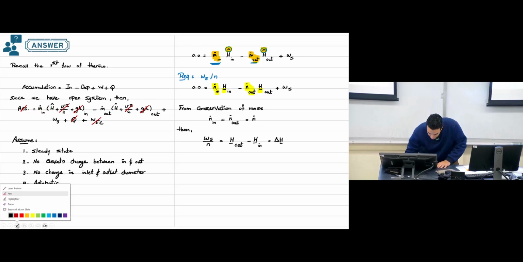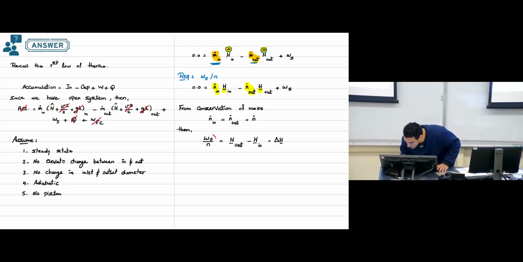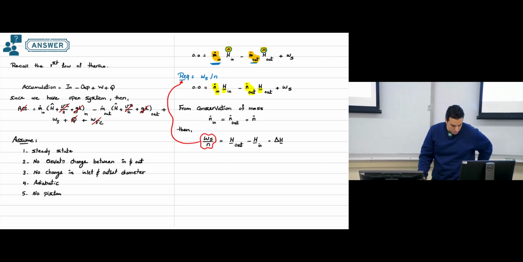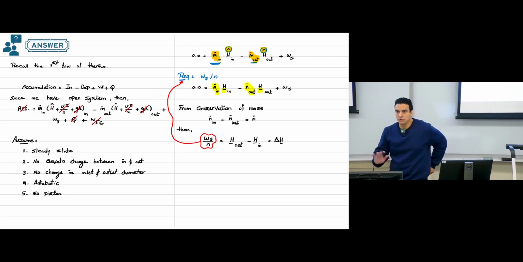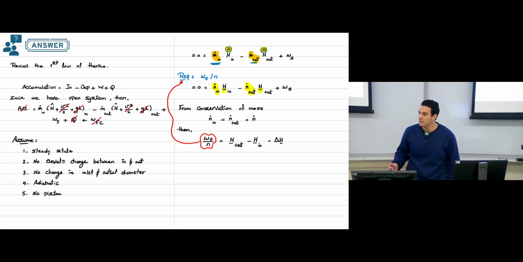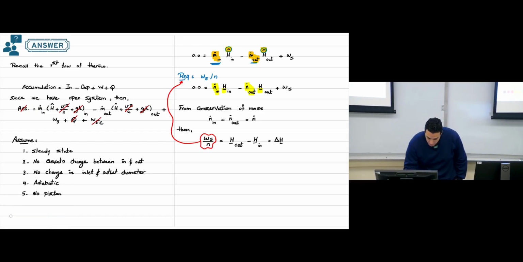And this is the property that we need to calculate. So in order to find this, we just need to find delta H. So what is the enthalpy change? Substitute in the energy balance equation, then you find the shaft work that we have in this problem.